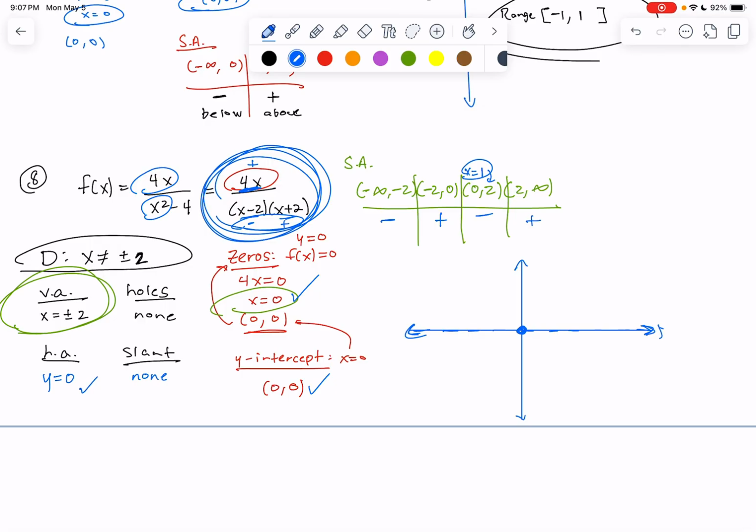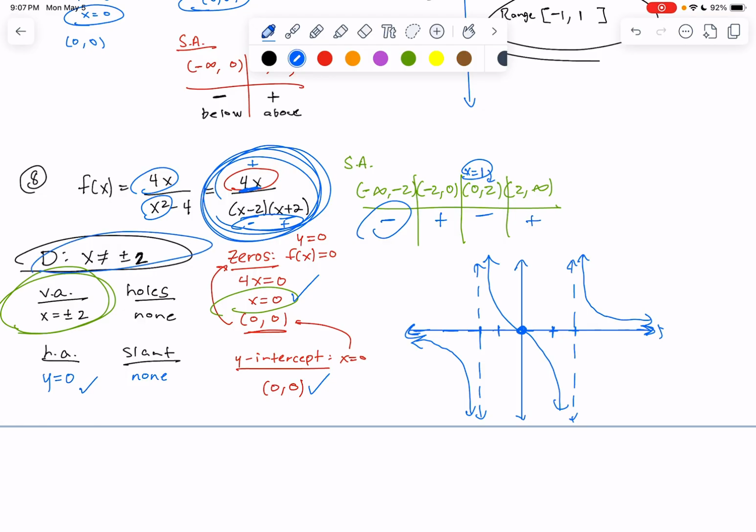We do have vertical asymptotes of plus or minus 2. And then we know that the graph is below, so it's going to be here. And then the graph's above, and then it's below, and then it's above. So that's what that graph would look like.